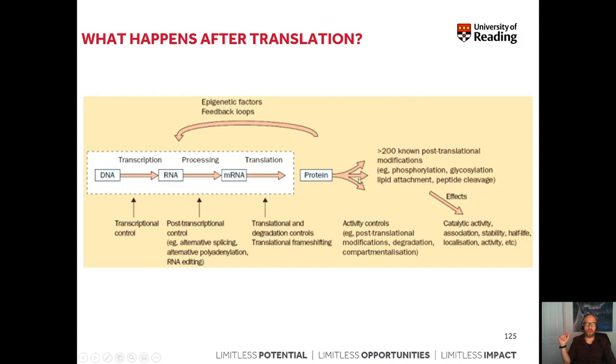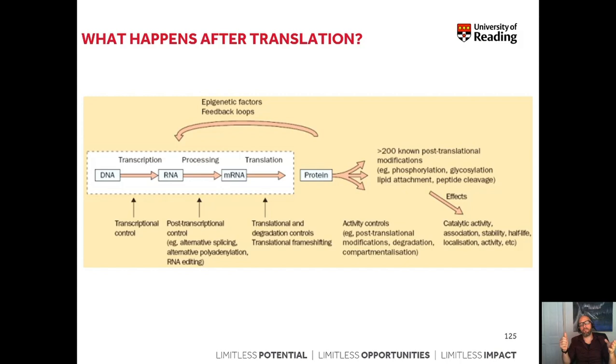After the proteins are produced, following on transcription, processing, and translation, they can undergo quite extensive post-translational modifications. And indeed, there are over 200 possible modifications on proteins. Proteins can be phosphorylated, they can be glycosylated, that means that there are sugars added on, they can be modified by attachment of lipids, and they can also be cleaved.